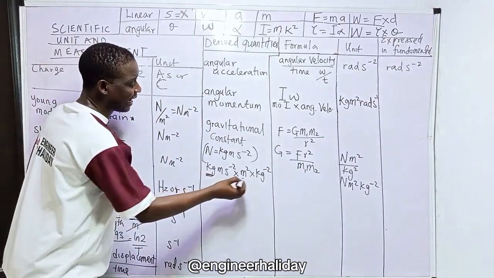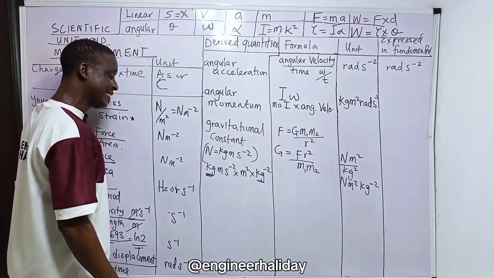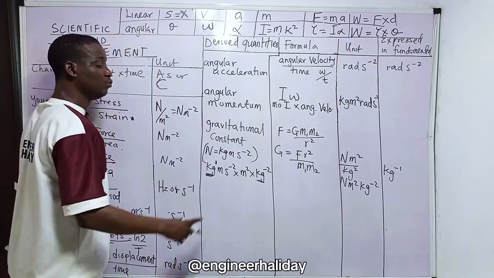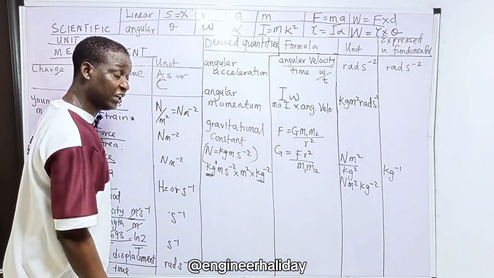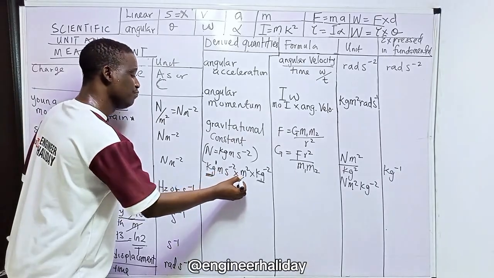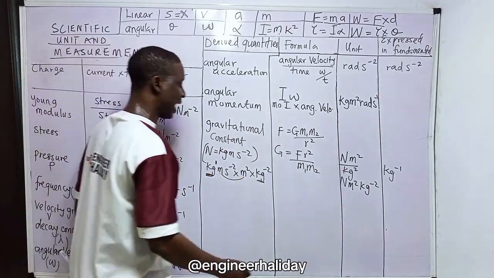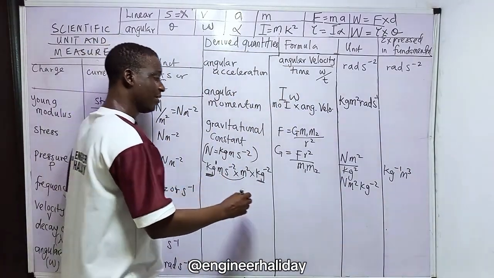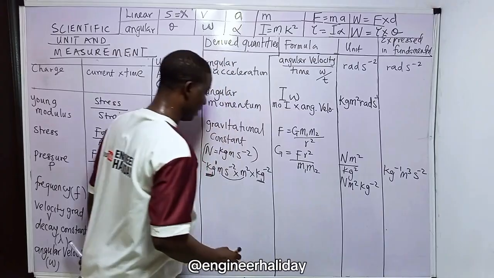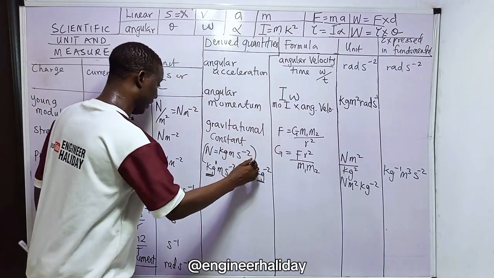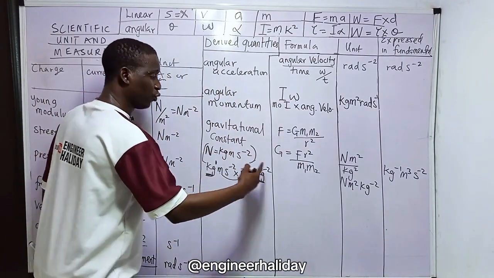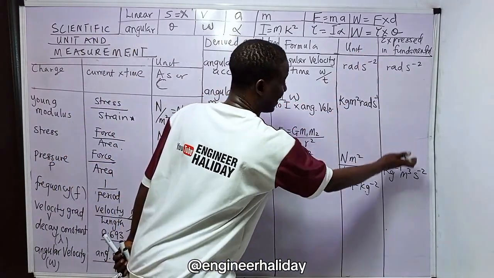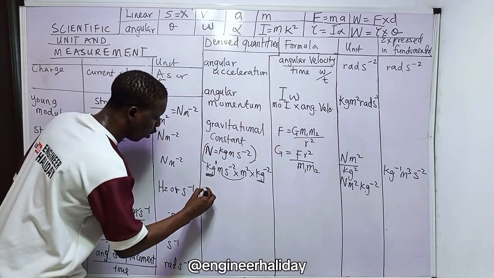Now, per kg and kg, if you do the indices, kg raised to 1 multiplied by kg raised to minus 2 will give us kg raised to minus 1. Meter times meter squared will give us meter cubed, and second squared is left, so we put it per second squared. So if newton is all this, you can replace it here and break down this formula in terms of fundamental quantities.